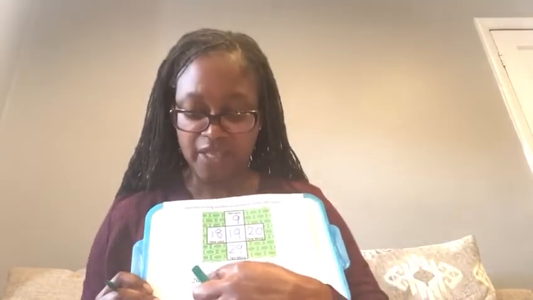Now we are going to find 10 more. 10 more than 24. So I know that the ones stay the same. I'm adding 10. 10 more than 24 is 34.